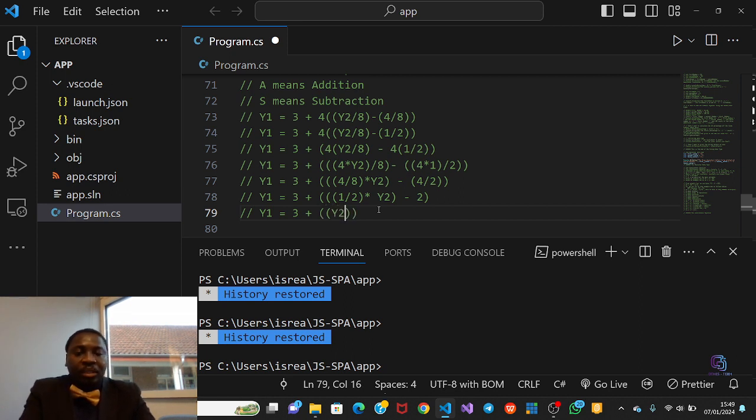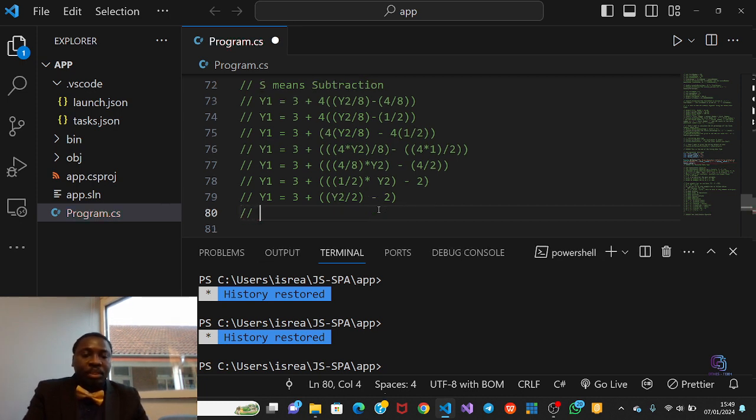So we have 1 times y2 divided by 2, y2 divided by 2, then minus 2. So with this, we have y1 is equal to 3 plus y2 divided by 2 minus 2.